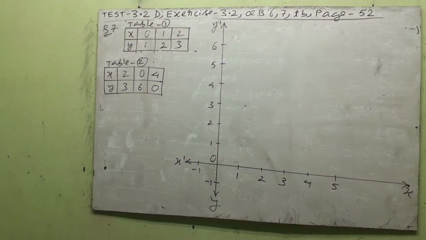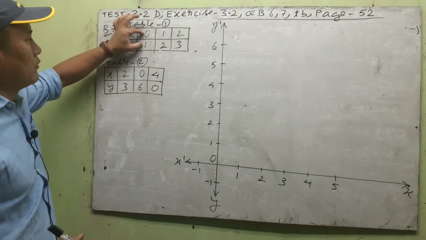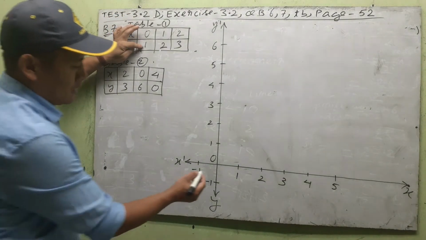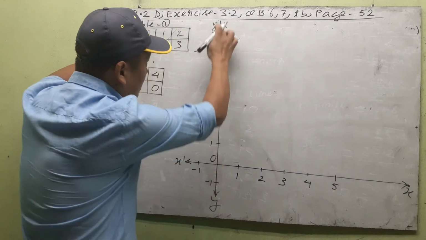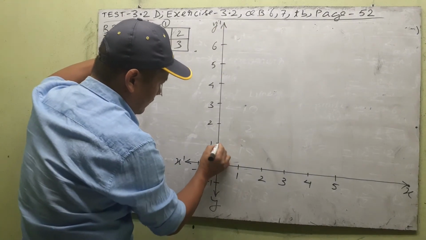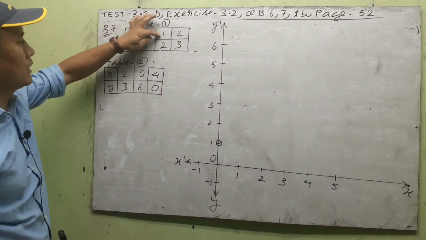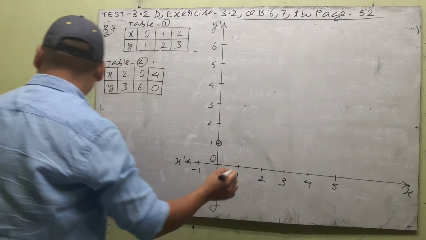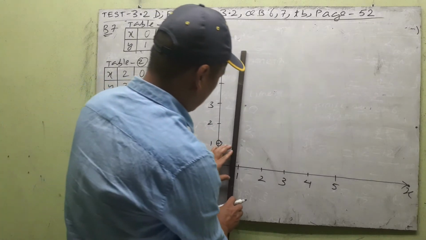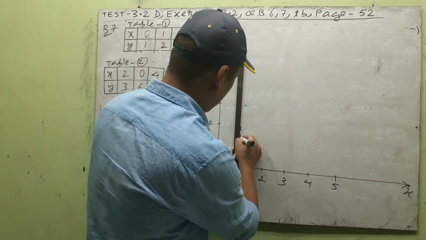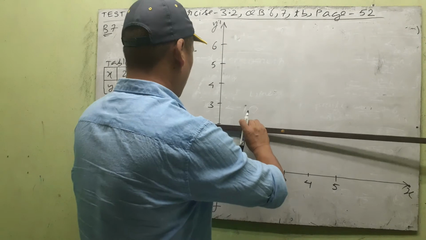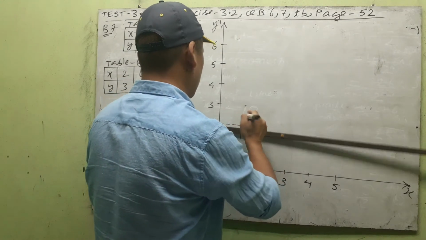Okay, then here let's plot the values in table 1. X0, y1. X is 0 here, y is here, see, y plus 1, so here, the first point. Then second point is 1 and 2, so x is 1, y is 2. You don't need to draw these lines, it's quite clear on your graph paper, you can plot it.